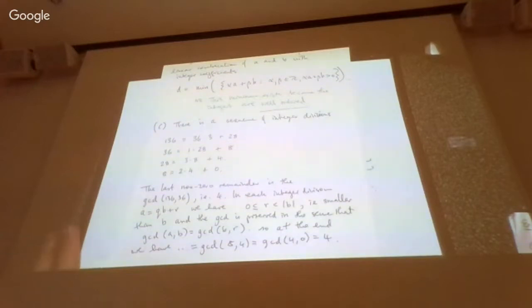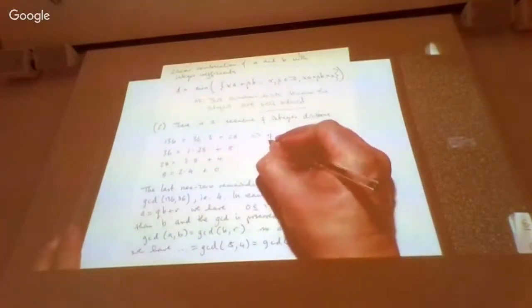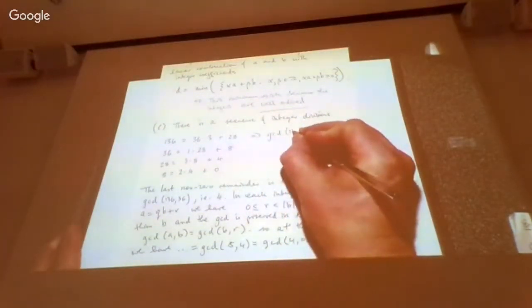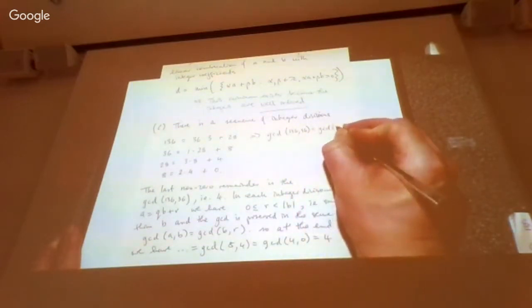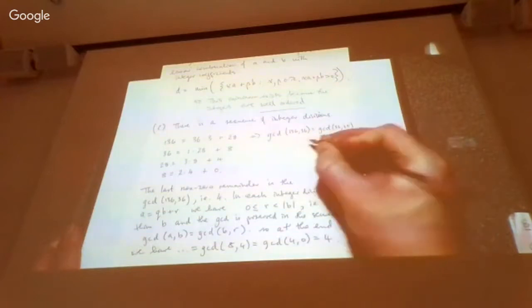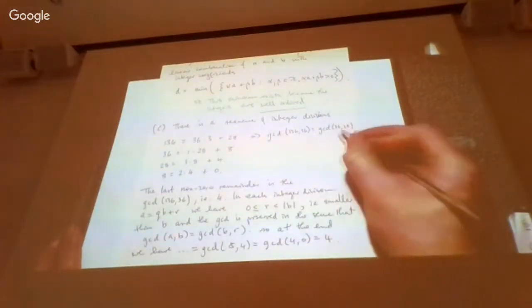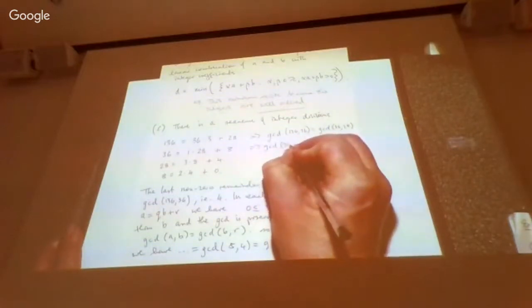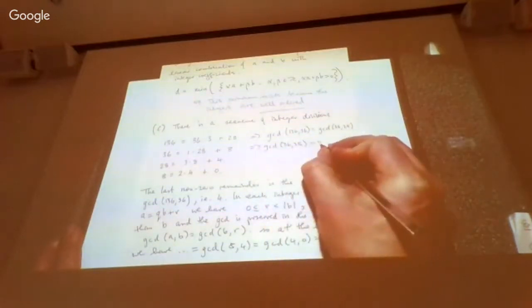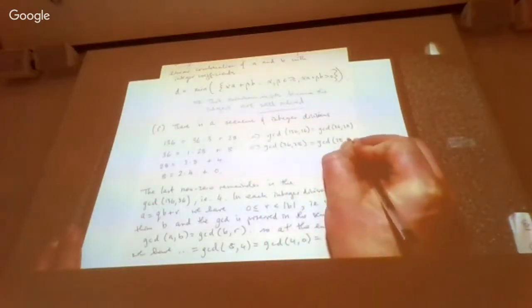I mean, in the notes I put these GCD statements, so I paired them all with the thing up here. So that says the GCD of 1 through 6 and 36 is the GCD of 36 and 28. This would say the GCD of 36 and 28 is the GCD of 28 and 8.